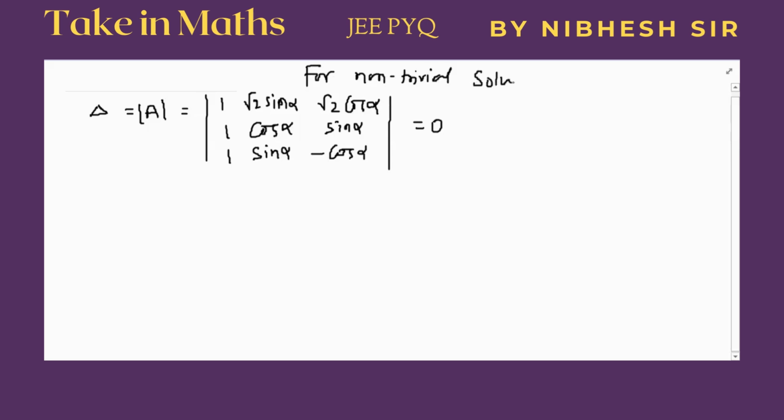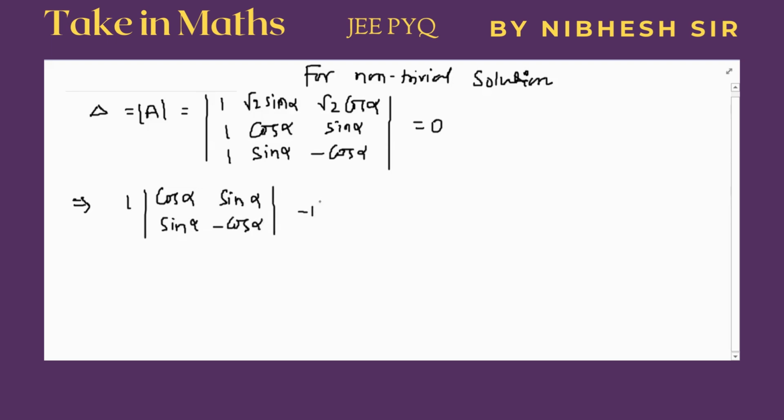Or for an infinite number of solutions, if it is mentioned. So we will apply this condition, and we need to expand this determinant along the first column. For 1, it will be the minor cos alpha, sin alpha, sin alpha, minus cos alpha.